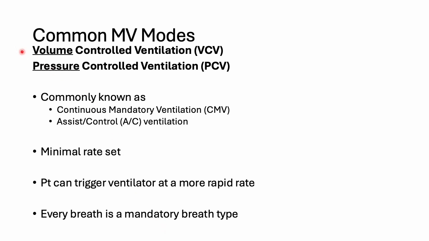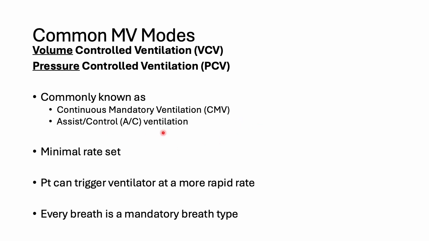It can be delivered either by volume, therefore termed volume controlled ventilation, VCV, or pressure controlled ventilation, PCV. VCV versus PCV. There are different terms. They can also be termed as CMV or AC.